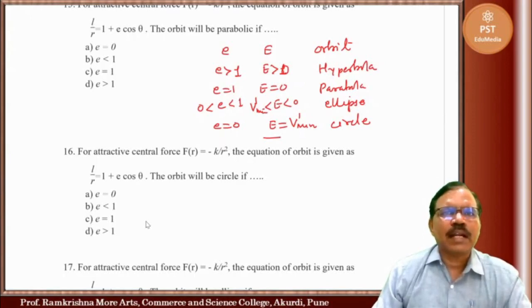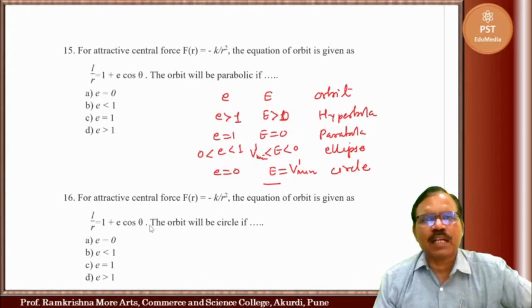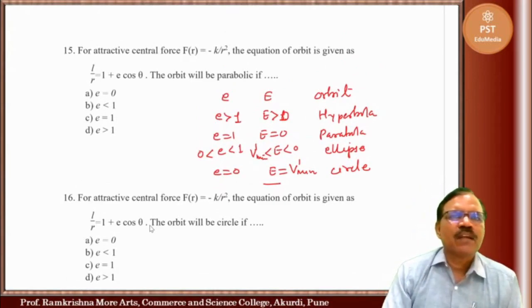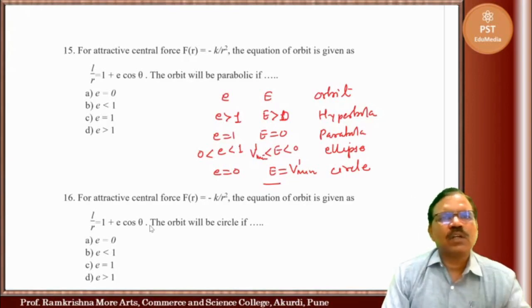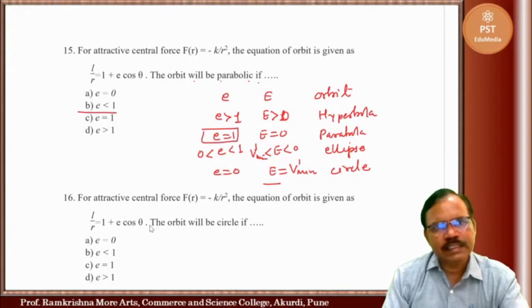So here for attractive central force field F of r is equal to minus k upon r square, the equation of orbit is given as l upon r is equal to 1 plus e cos theta. The orbit will be parabolic if e is equal to 1, eccentricity is equal to 1.